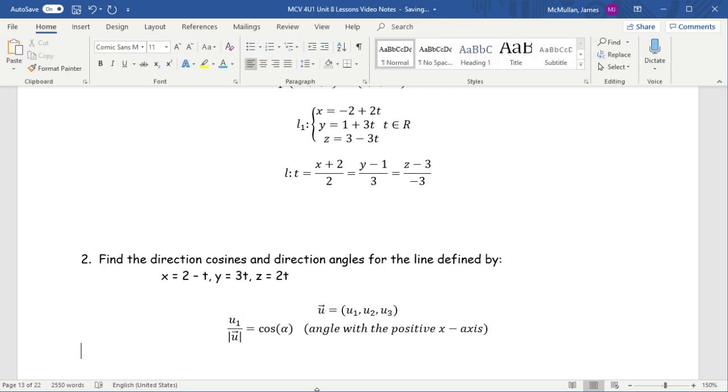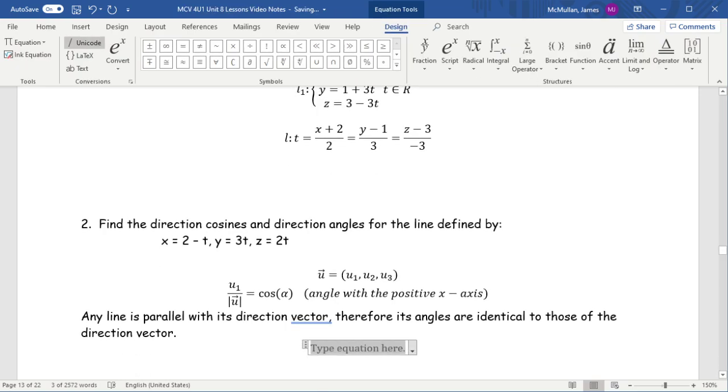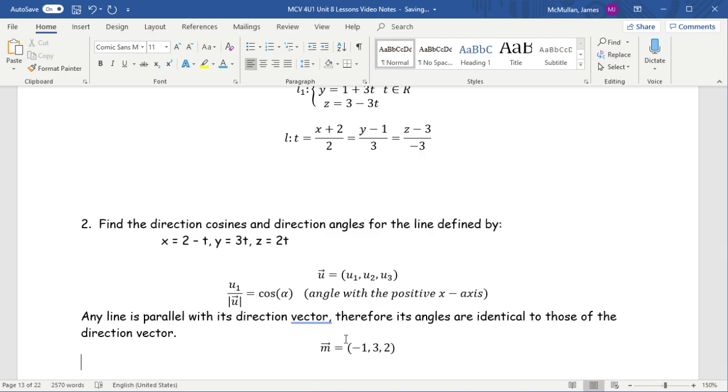To do this, understand that any line is parallel with its direction vector. Therefore, its angles are identical to those of the direction vector. So in our case, we're going to make m. M, you can read from the equation, is (-1, 3, 2), because it's basically everything that's attached to a t.